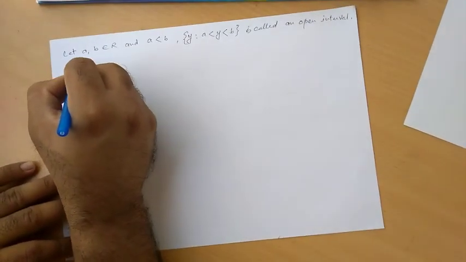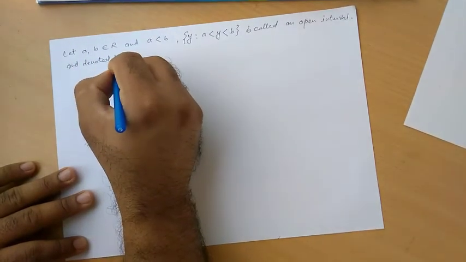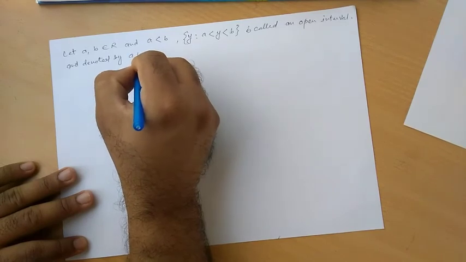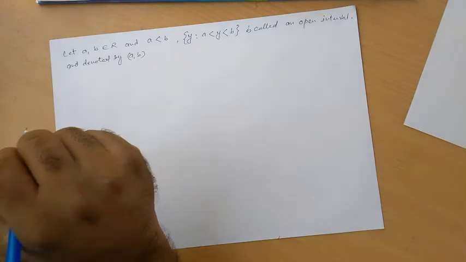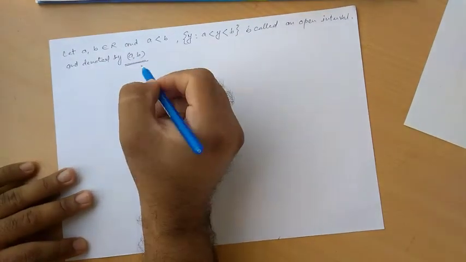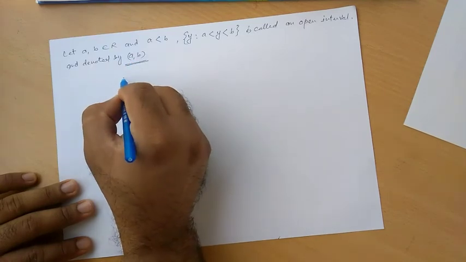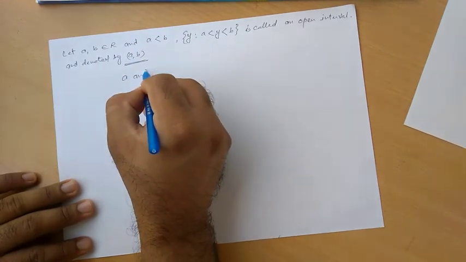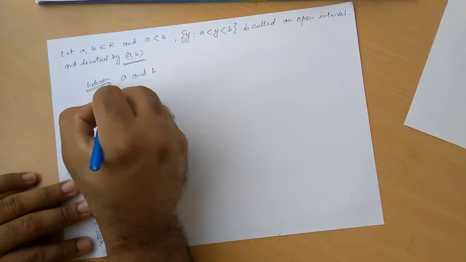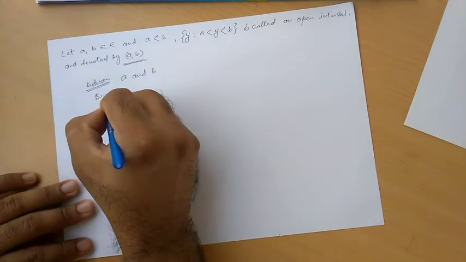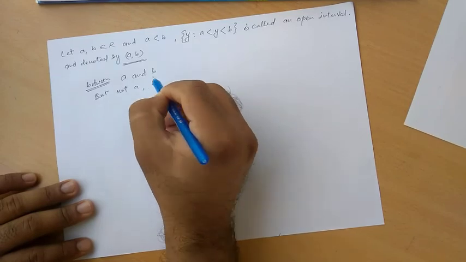and denoted by (a, b). It means this is nothing but y exists between a and b, but not a, b.